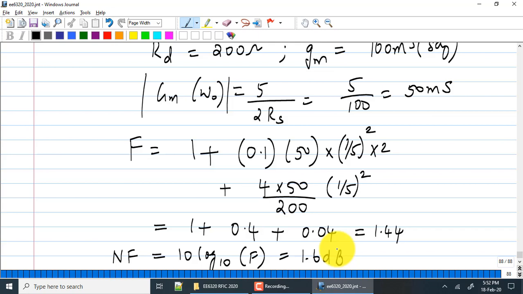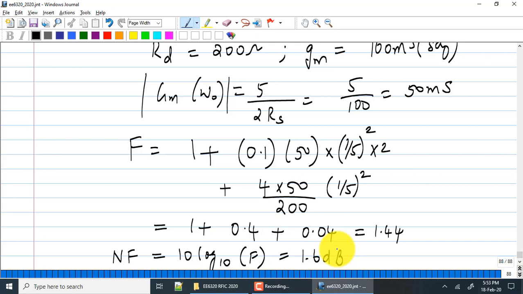I need a higher quality factor. If I build a higher quality factor, RS, the resistance portion is 2 RS, that's fixed. Omega naught is fixed. How do you improve? Omega T times LS is RS.